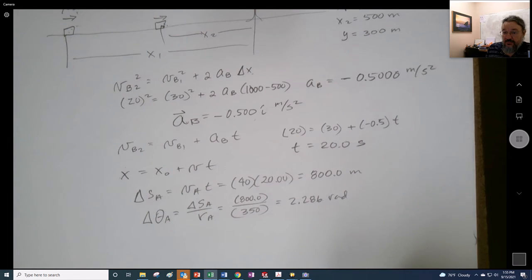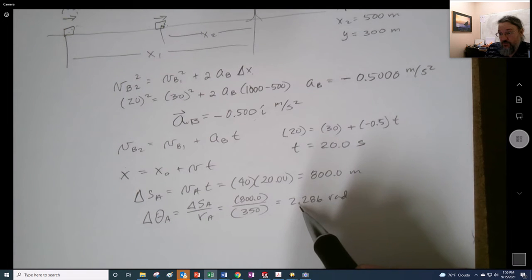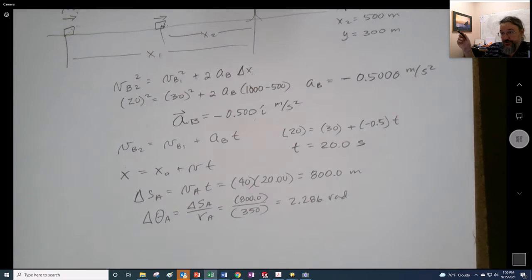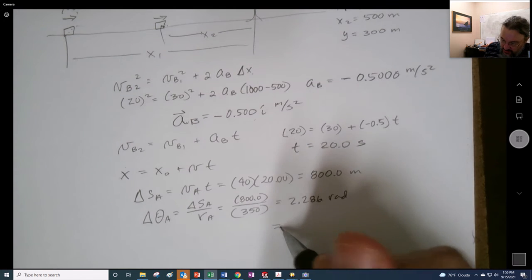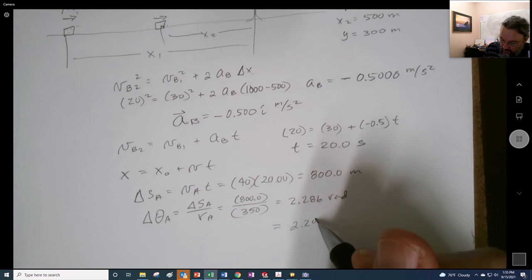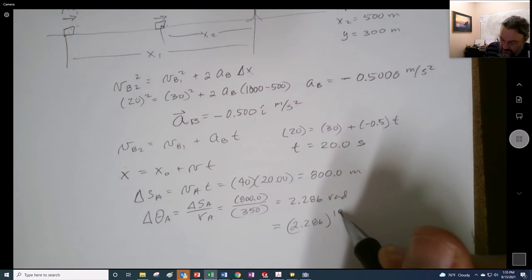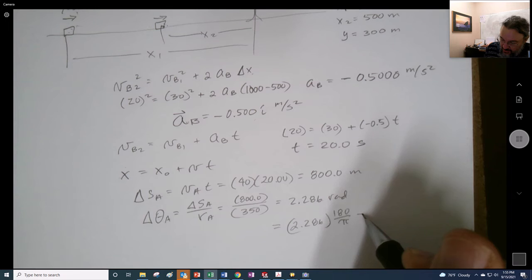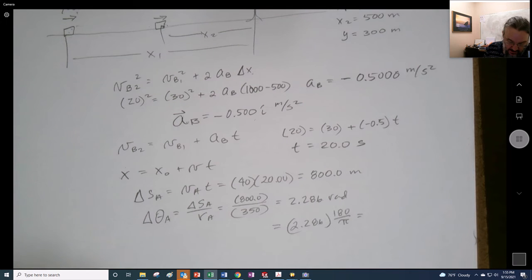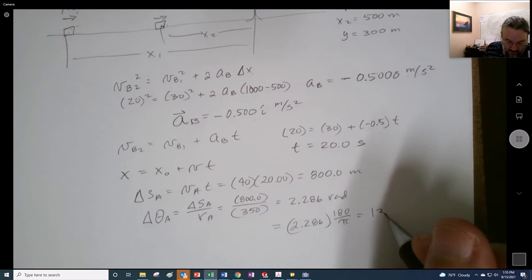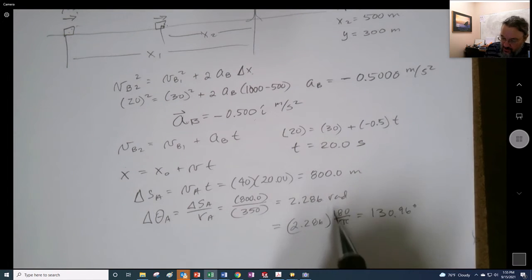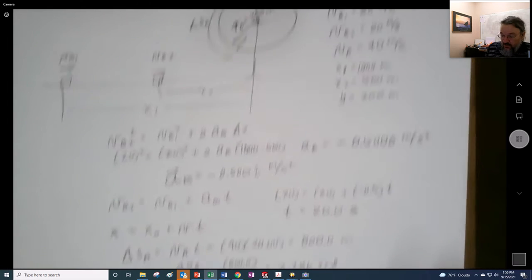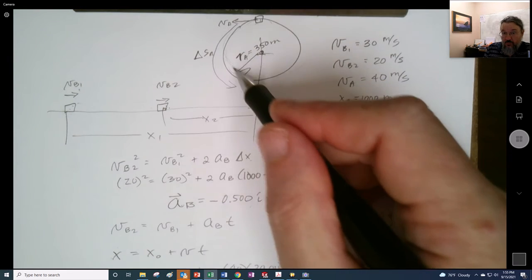Remember, pi radians is 180 degrees. So we can figure out how many degrees this is by multiplying by 180 and dividing by pi. You get that this is 130.96 degrees.